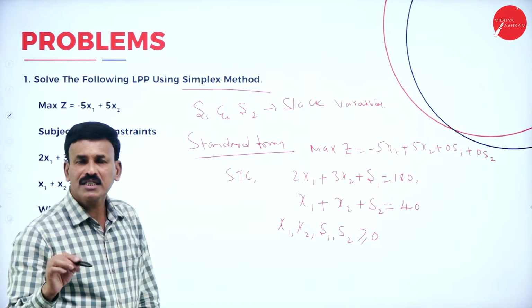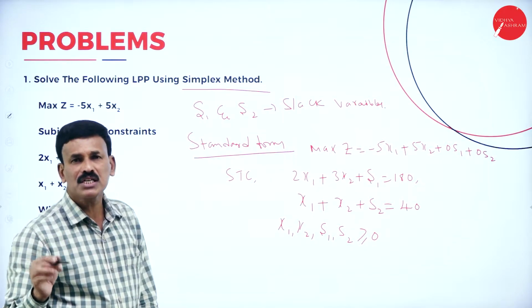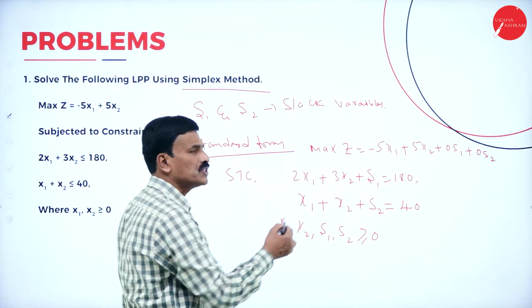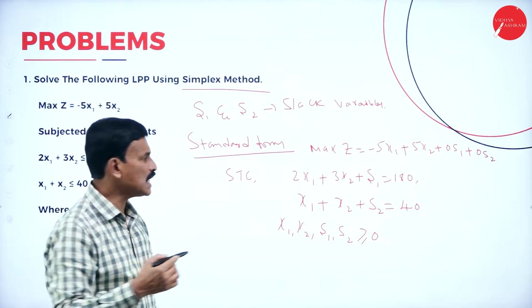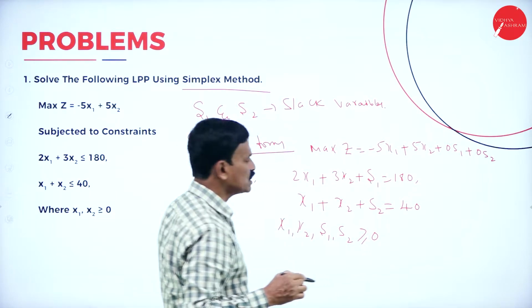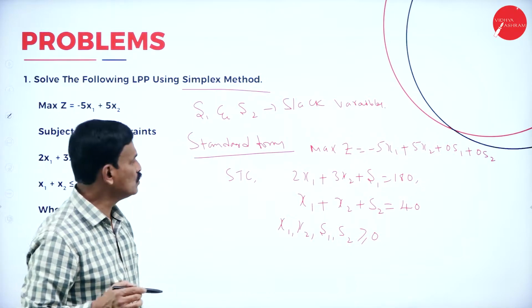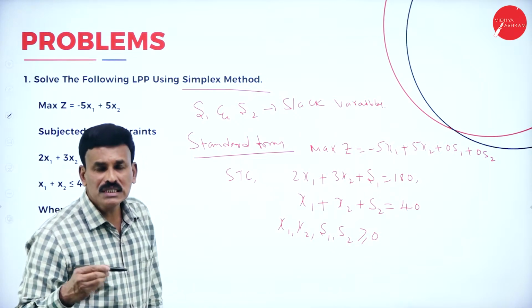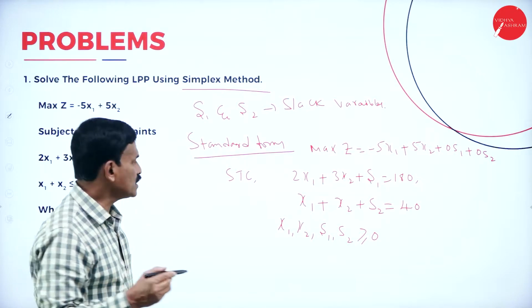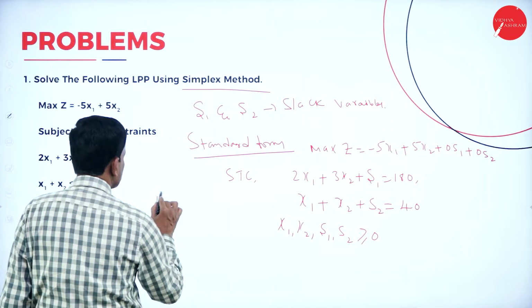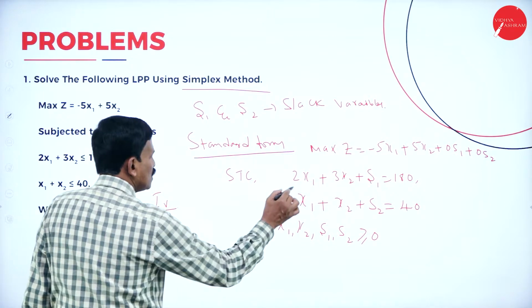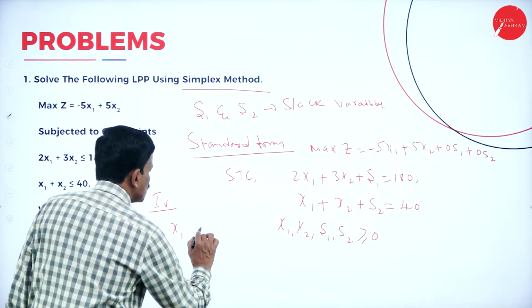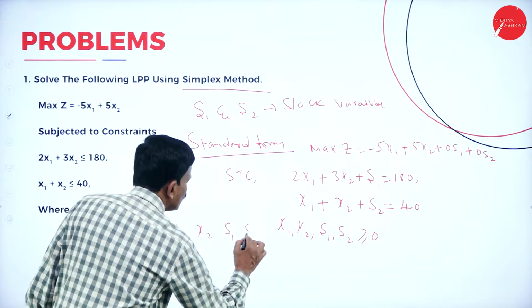Now just add the two slack variables S1 and S2. So 2x1 plus 3x2 plus S1 is equal to 180, and x1 plus x2 plus S2 is equal to 40. Before going to the initial simplex table, let us write the identity vectors. Let me write down the coefficients of x1, x2, S1 and S2.